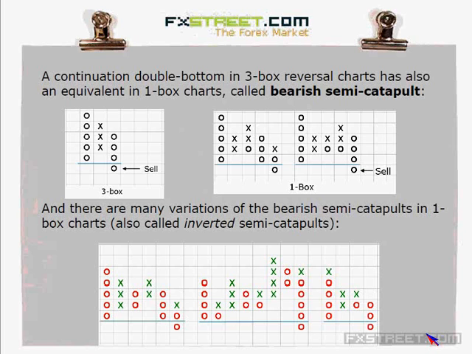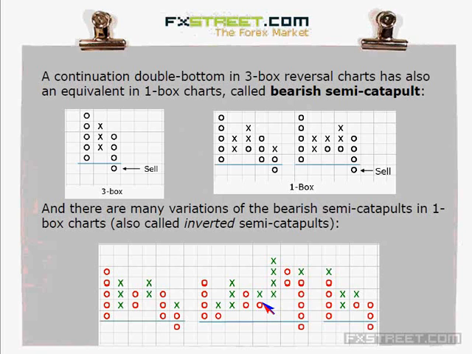Okay, in the bottom of the chart here, we can see some of these variations. For instance, in the middle here we have a drop, rise and drop to the resistance, subsequent rise in three boxes, a drop, rise and drop, and the fact that we have an X and an O sometimes plotted in the same column, this is a characteristic of 1-box reversal chart.